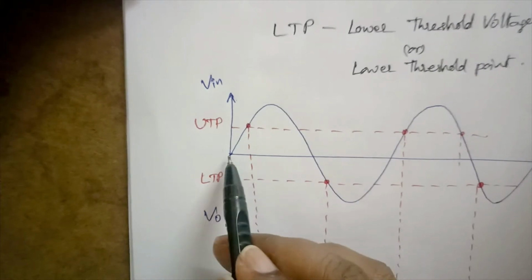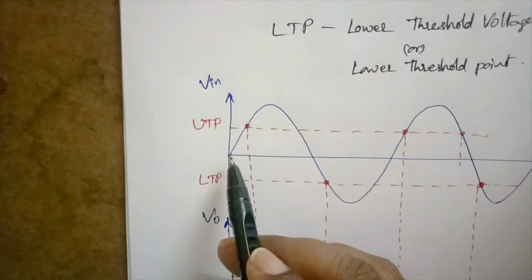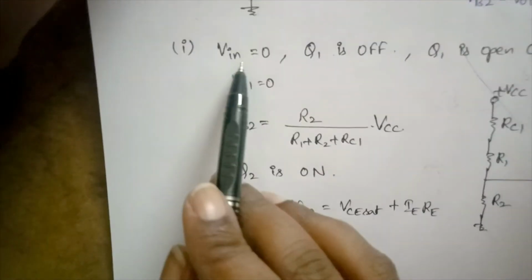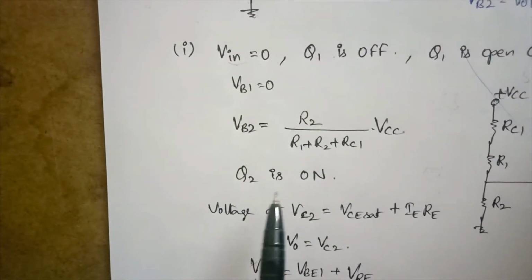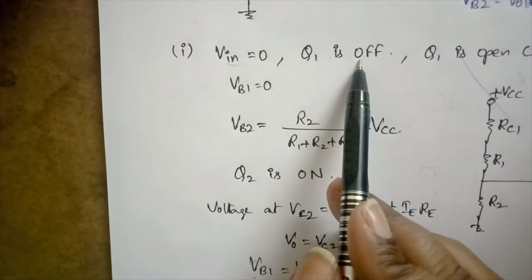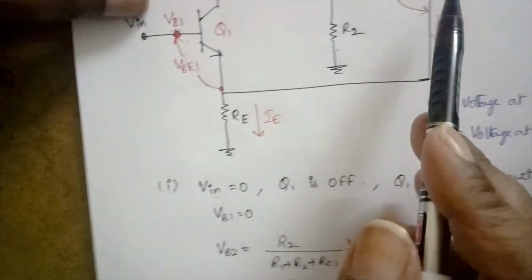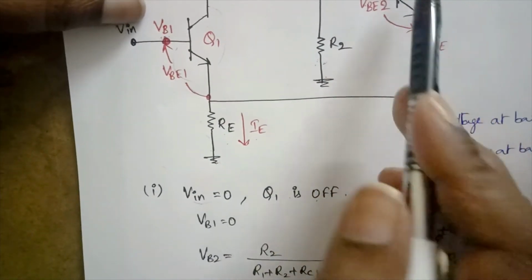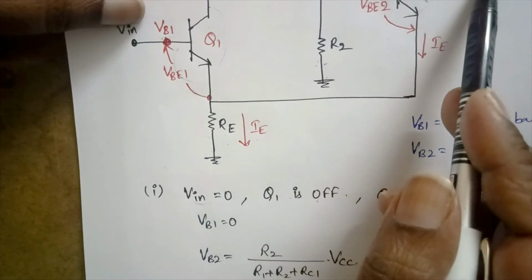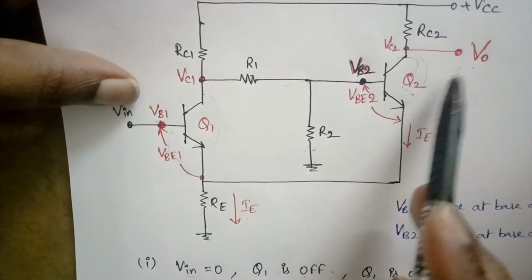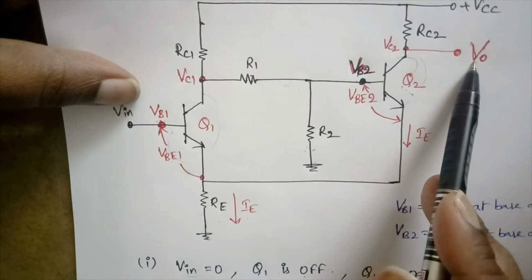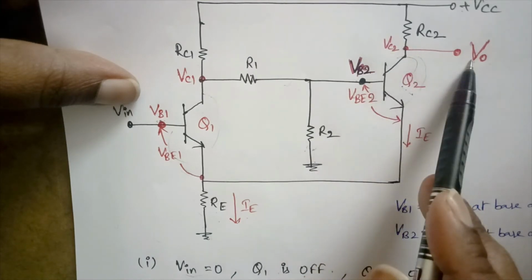Initially when Vin is 0, which transistor is off? Q1 is off. When Q1 is off, automatically Q2 is on. At the output of Q2 we are taking the Vo, therefore I am taking the VC2 value as reference.